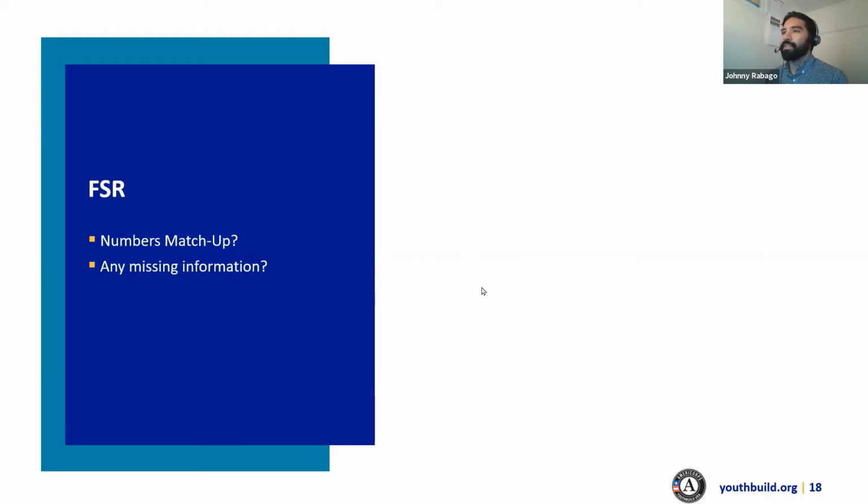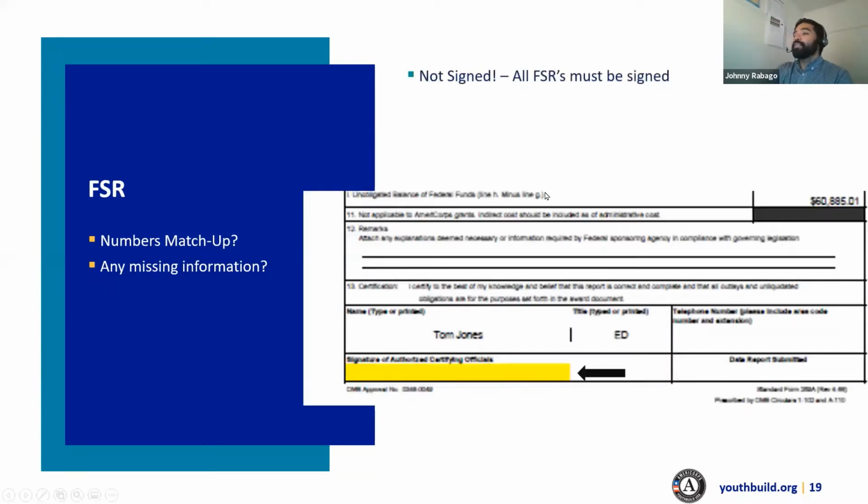I'm going to click on presentation. Right, so yeah, we don't have a signature for the FSR. Remember that all FSRs must be signed. I didn't catch the phone number, not necessarily a deal breaker when it comes to approving reimbursement, but signature, major one.